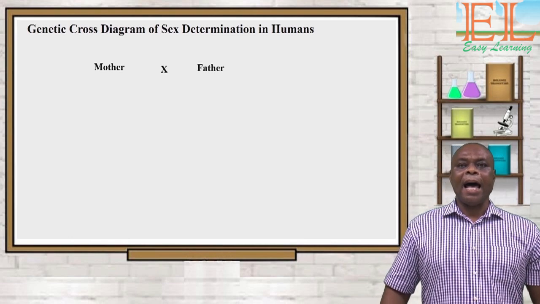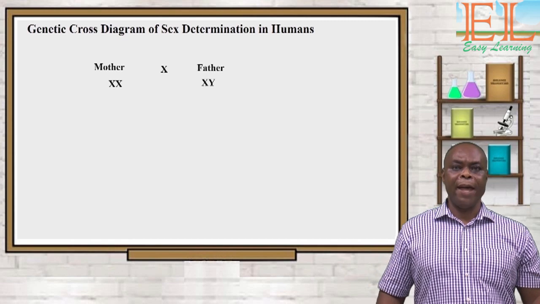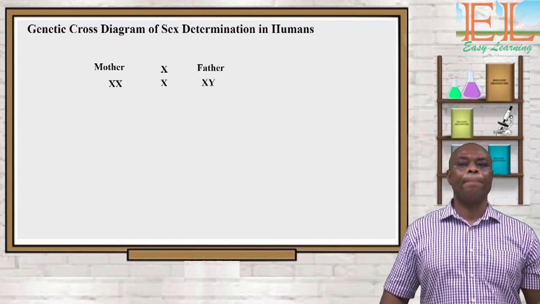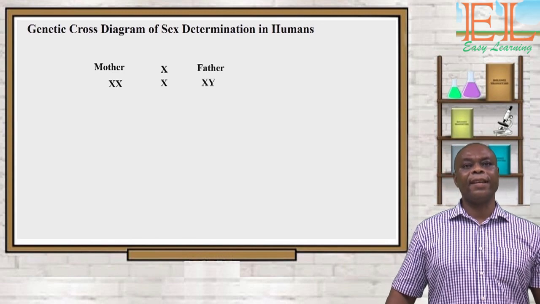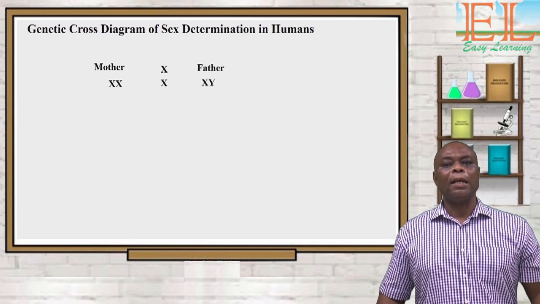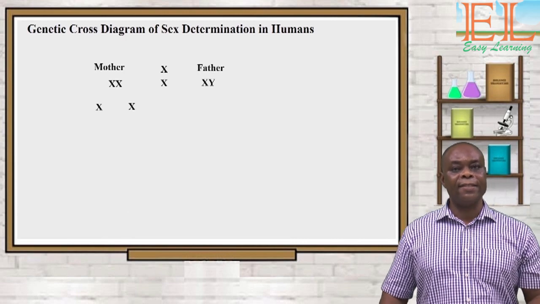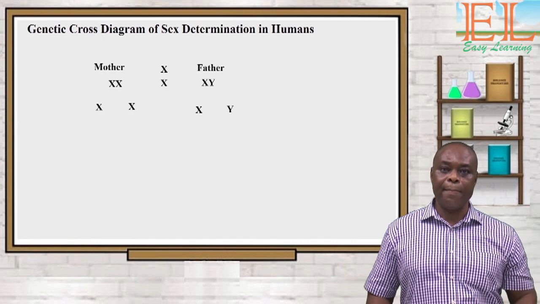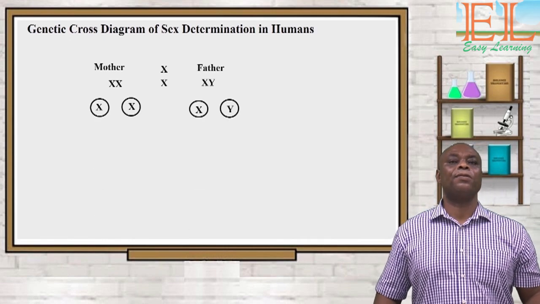Their genotypes are XX for the female and XY for the male, and that is also crossing, so we have the crossing sign between them. Then when it comes to the formation of their sex cells, they separate, and that of the male also separates. So we have X separate and X separate in the female, X and Y separating in the male. These are circled to show that they are sex cells.